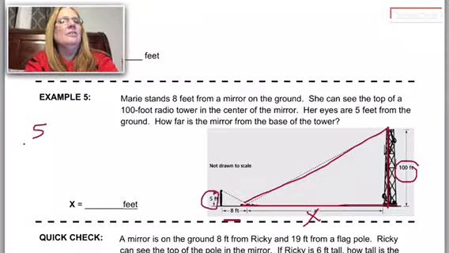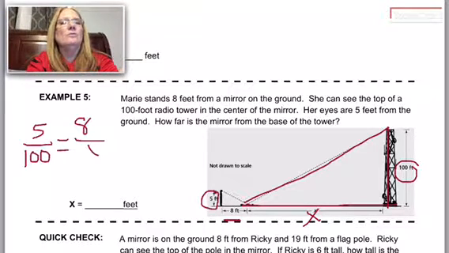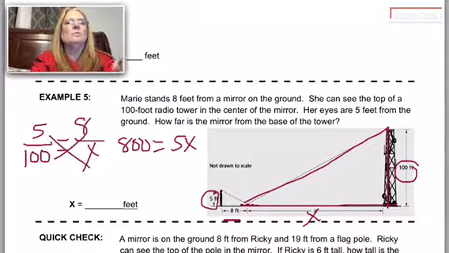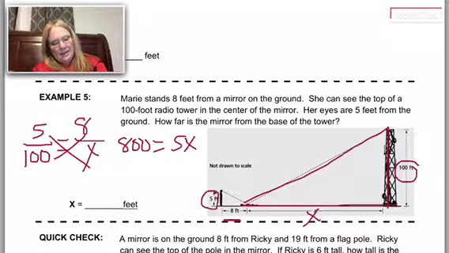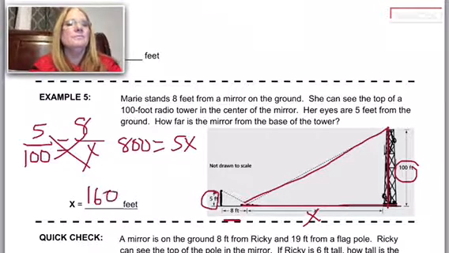So 5 is going to line up with 100, and then 8 with x. So I get 800 is equal to 5x when I cross multiply, and 800 divided by 5 is 160 feet.